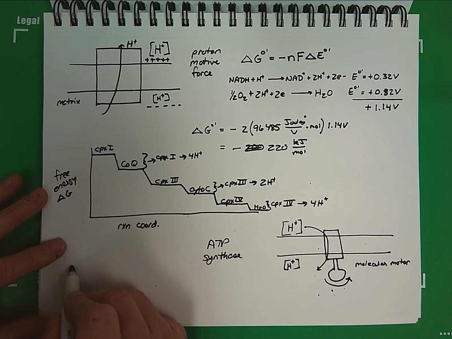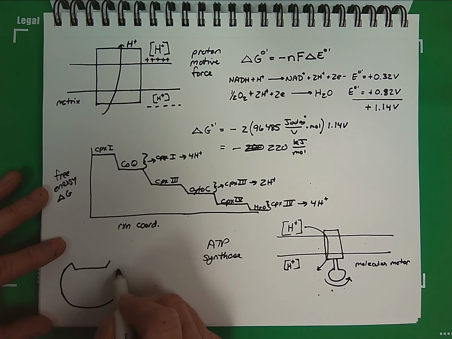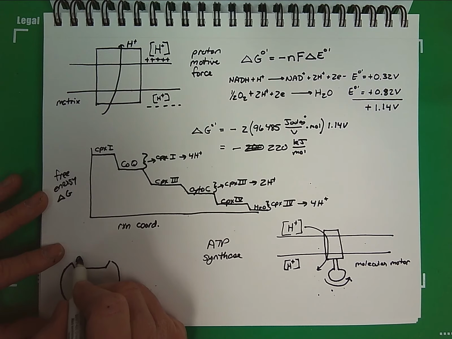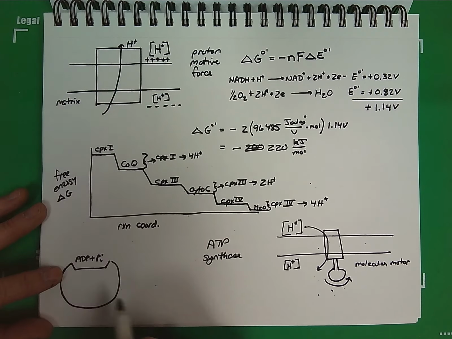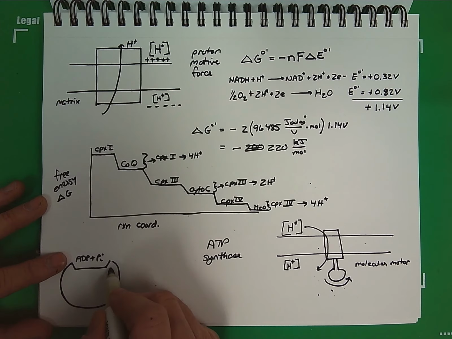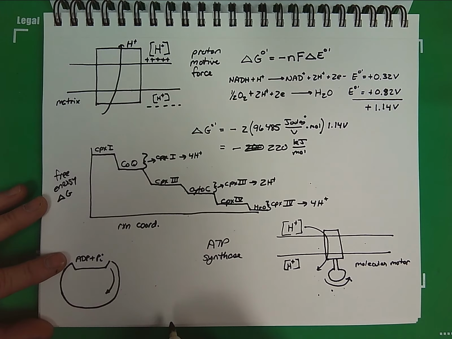So the best way to look at this is that if you have 3 different sites on the head of the group here, let's say, for example, that ADP binds to one site along with inorganic phosphate. Now the movement of protons is going to spin this head, so this head will begin to turn.